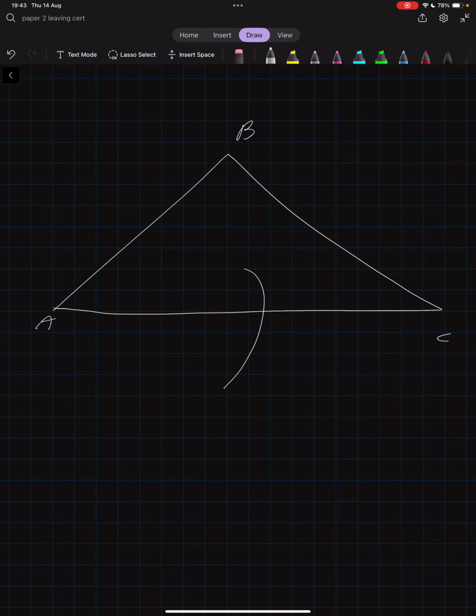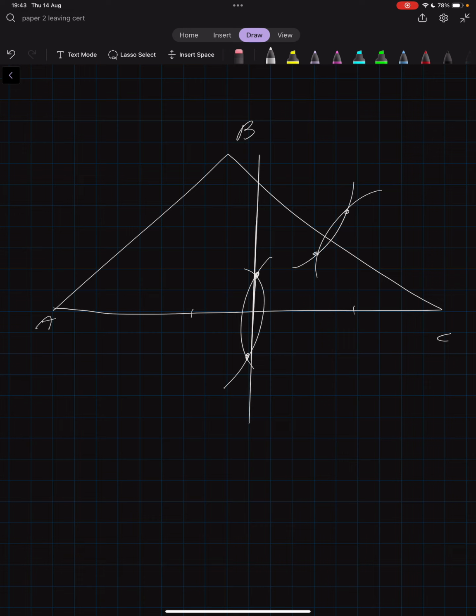and C. So again, just using my compass both times. They intersect here. And so therefore, this is the perpendicular bisector of that line. So these two lines are bisected. If I do the same thing for CB, I get something like this.